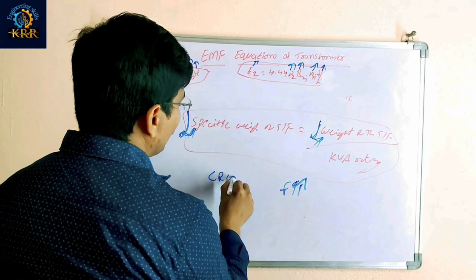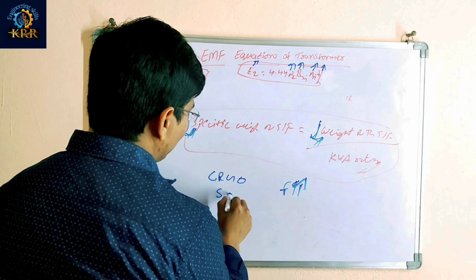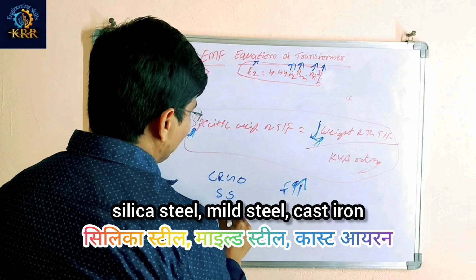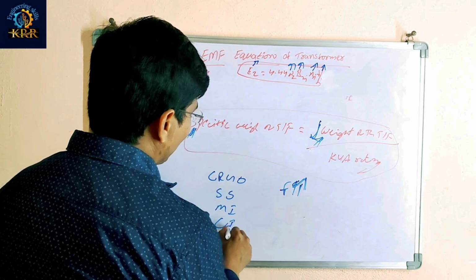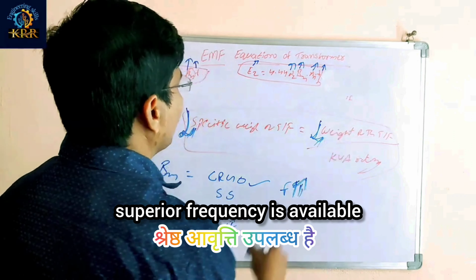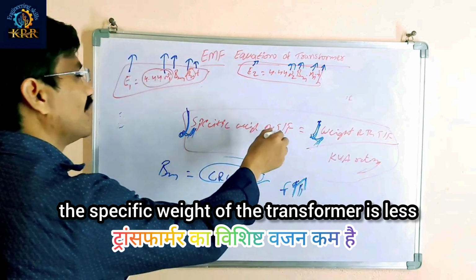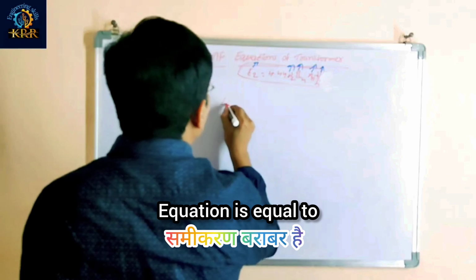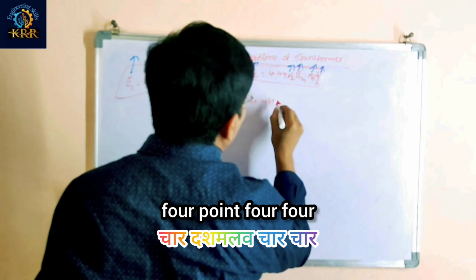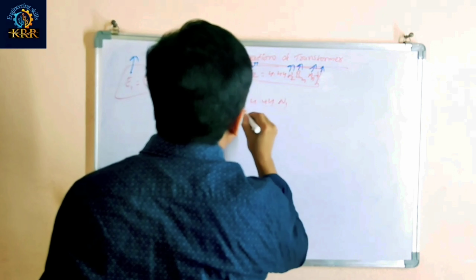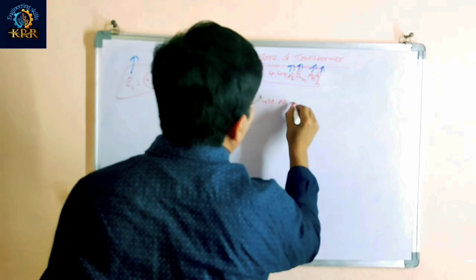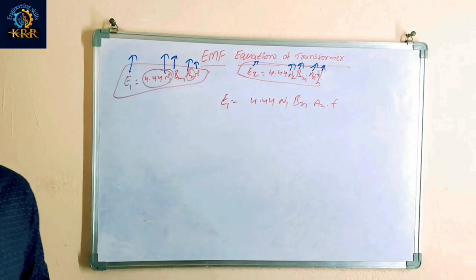CRGO steel, silica steel, mild steel, cast iron. CRGO has more flux density, and the superior frequency is available, so the weight is less. The specific weight of the transformer is less. Equation: E1 is equal to 4.44 N1 Bm An into frequency.